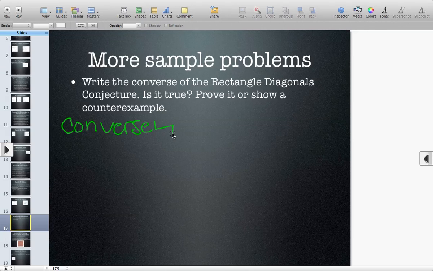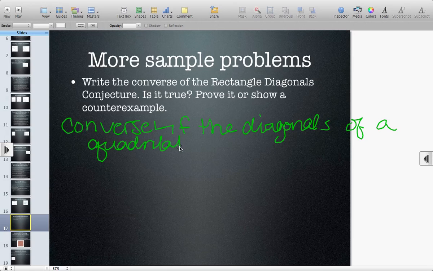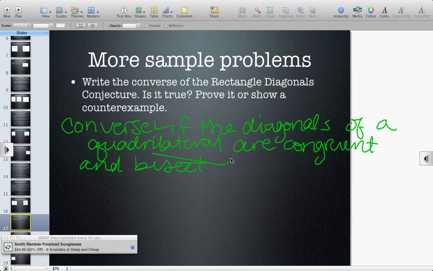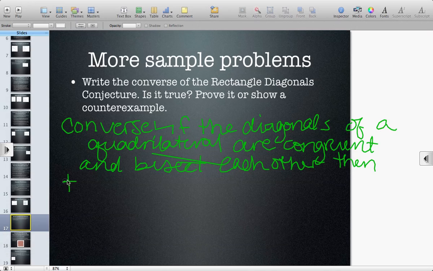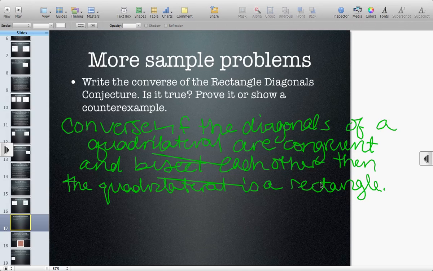So the converse is, if the diagonals of a quadrilateral are congruent and bisect each other, then the quadrilateral is a rectangle. So that's the converse, and now we want to prove if it's true or not.